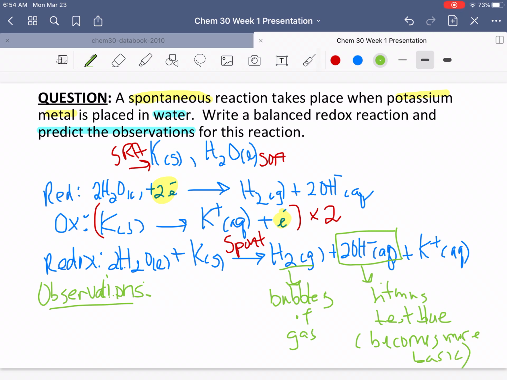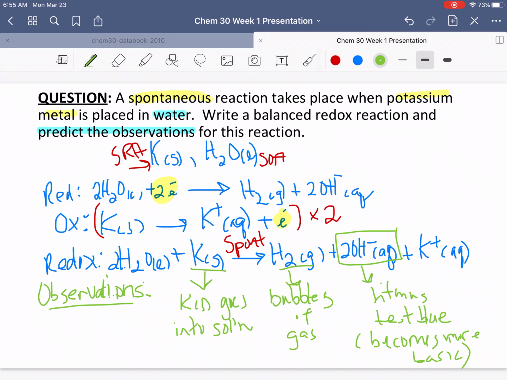The last one that's a little bit less obvious is here. You are going to have a decrease of the potassium solid, right? Because essentially that K solid goes into solution. It's going to become K plus, reduced mass of the original solid.